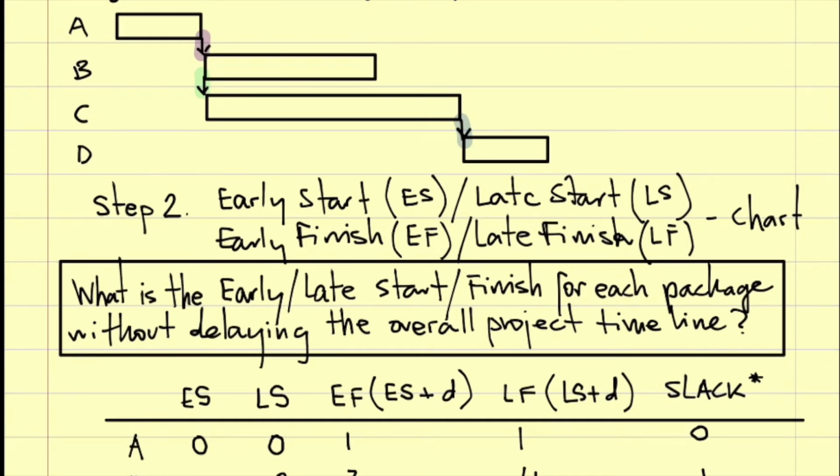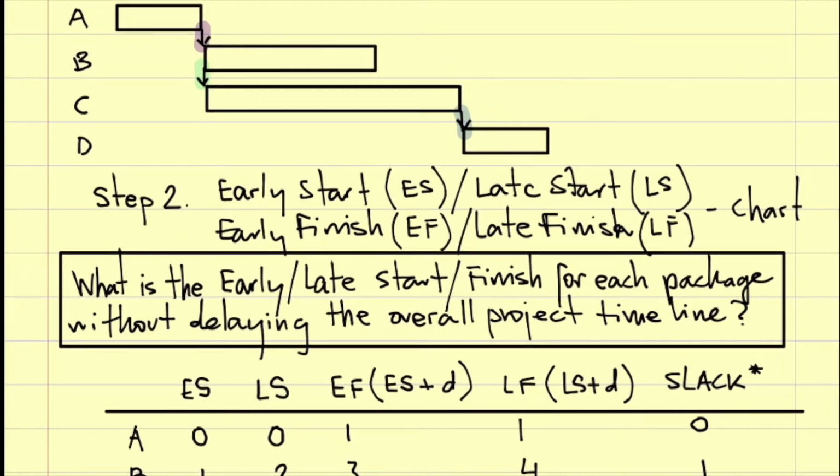No, also not. So what is the late start? 1. Okay, the late start is 1. Because if we move C to the right, then D is also delayed because they depend on each other. Okay, so 1.